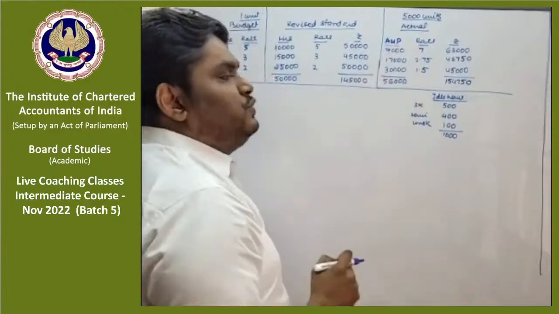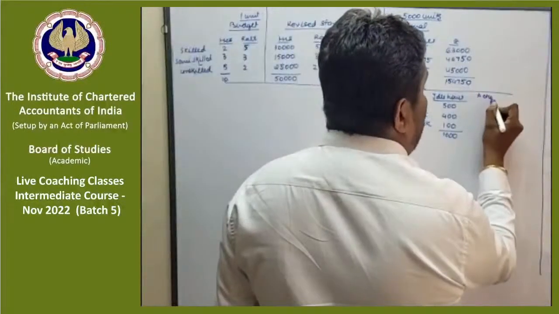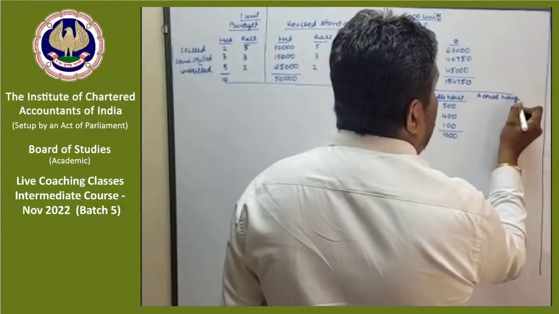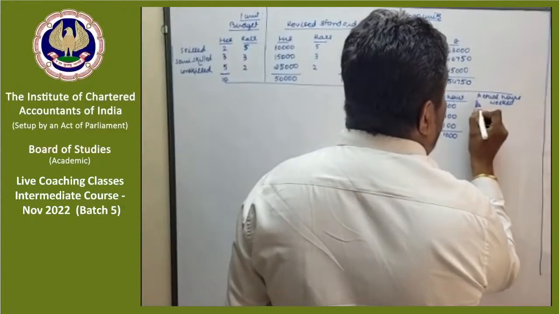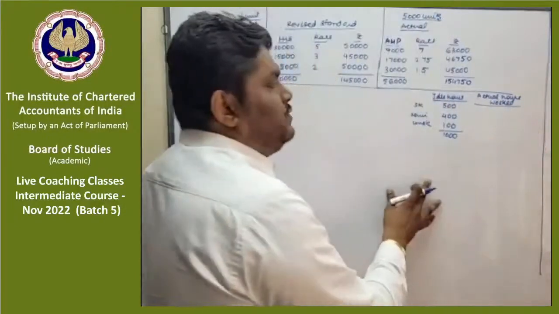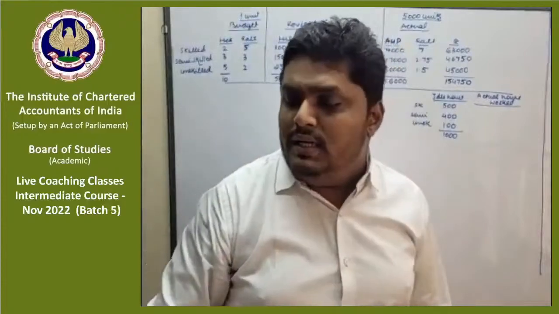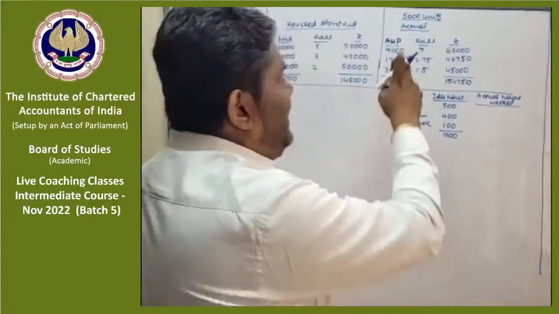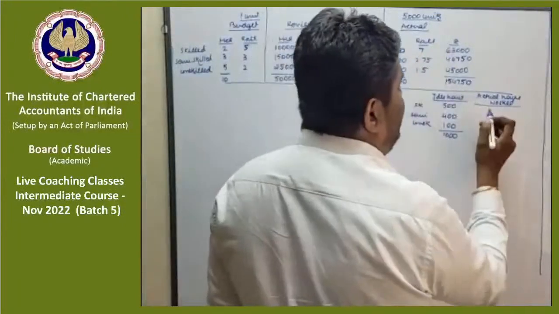So this will be actual hours paid, and this will be actual hours worked. How much will be actual hours worked? We are paying the labor for 9,000 hours, but they have worked for how many hours?